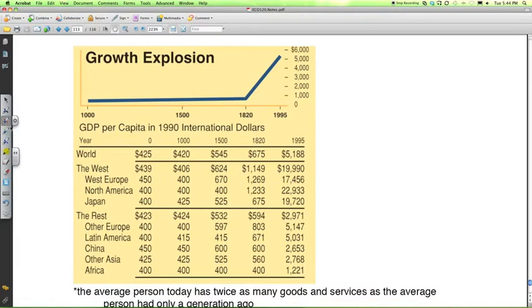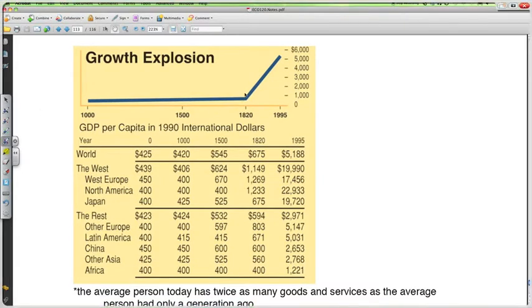Here you can see some of the growth explosion from 1820 up through 1995. We have a little steady growth from year 0 to the 1500s, and not even that much growth from 1500 to 1820.